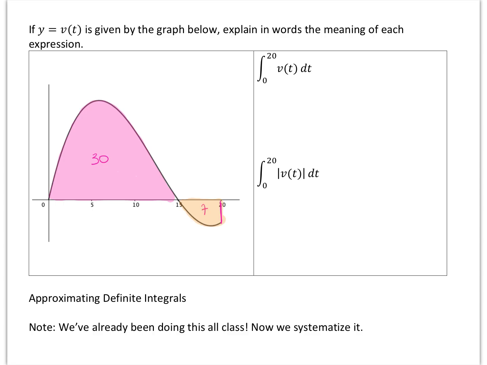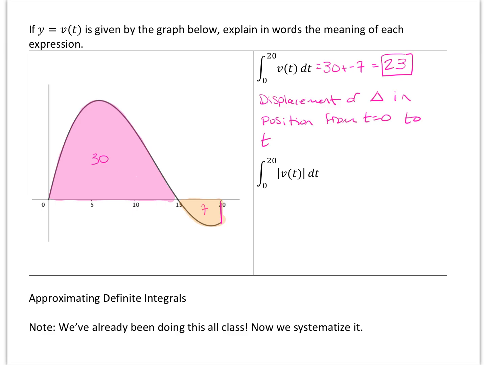So this is going to be 30 plus negative 7, which is 23. And what that calculates is displacement, or change in position, from t equals 0 to t equals 20.